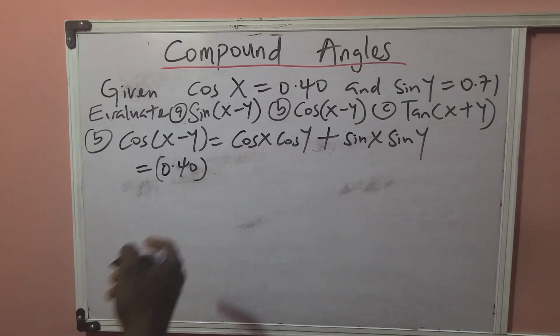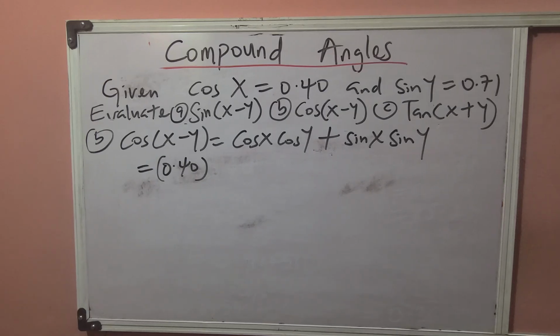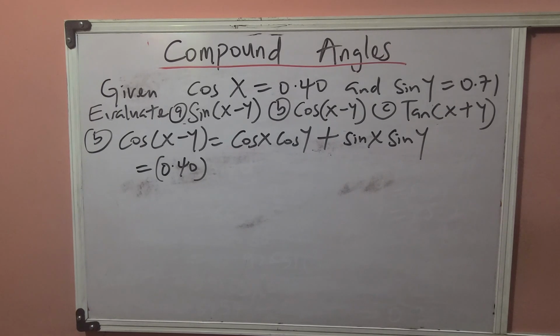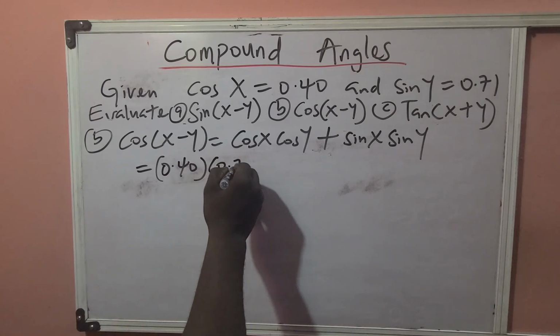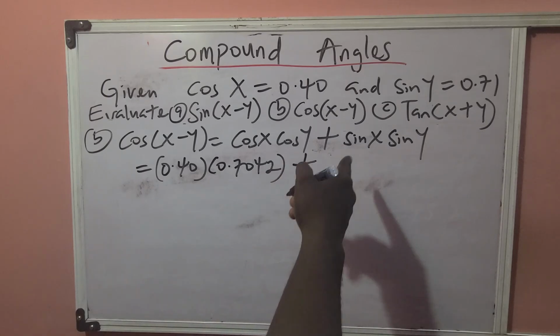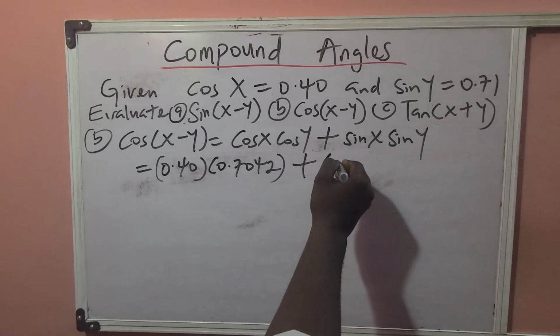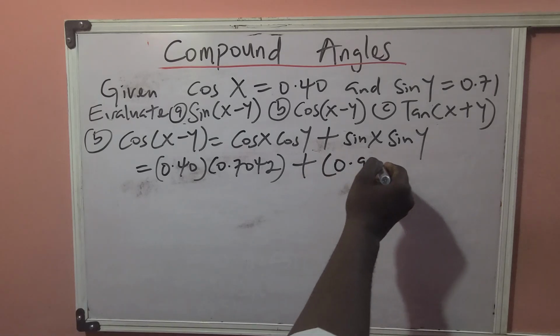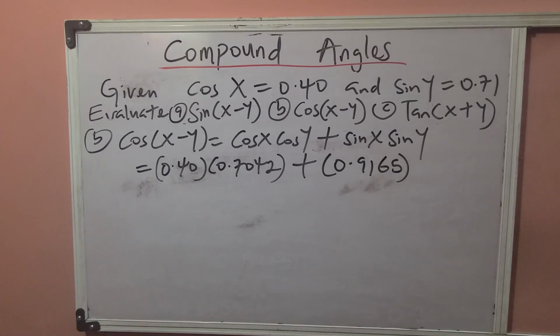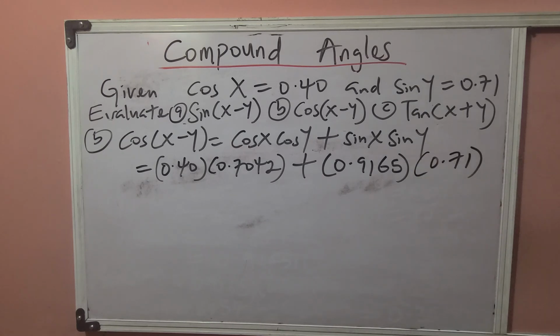The cos y, we arrived at it as 0.7042, and we know our sine x from our previous work we did to be 0.9165, and then our sine y is what was given initially in the question as 0.71.